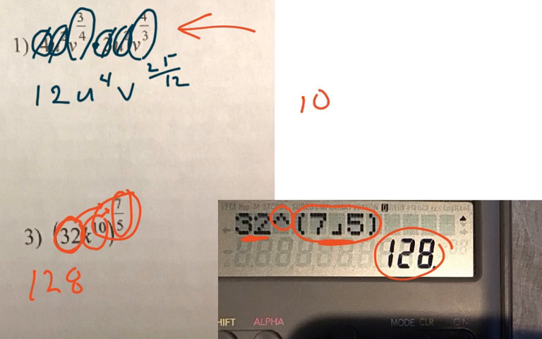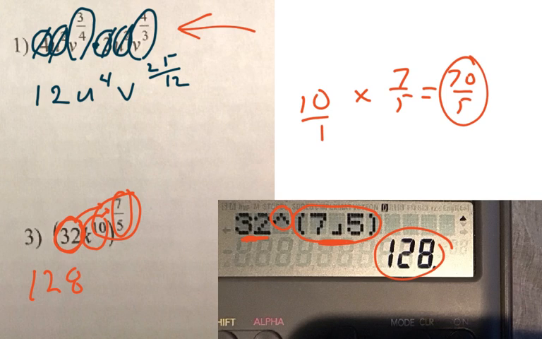So I'm actually going to take 10 times 7/5. I'm doing it old school here to save a little time. So notice I get 70/5. So now I can divide by 5, and I will get 14. So hopefully this is helping you review for tomorrow's quiz.